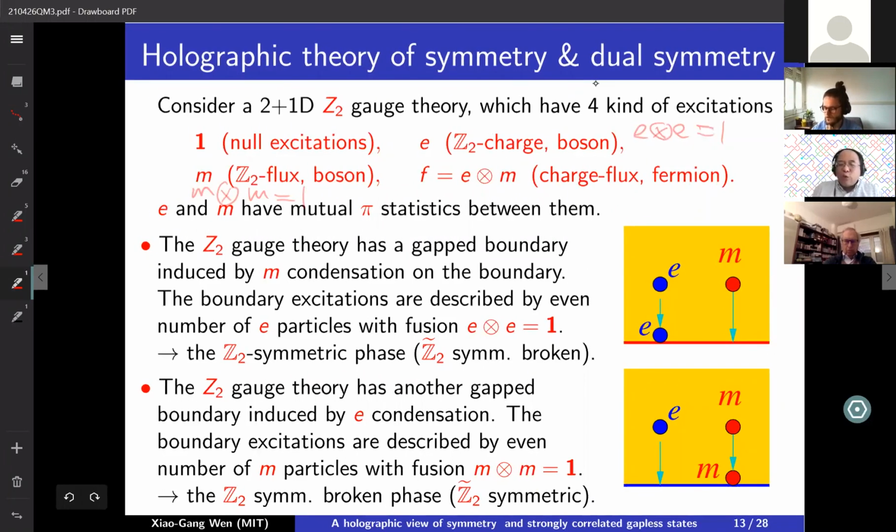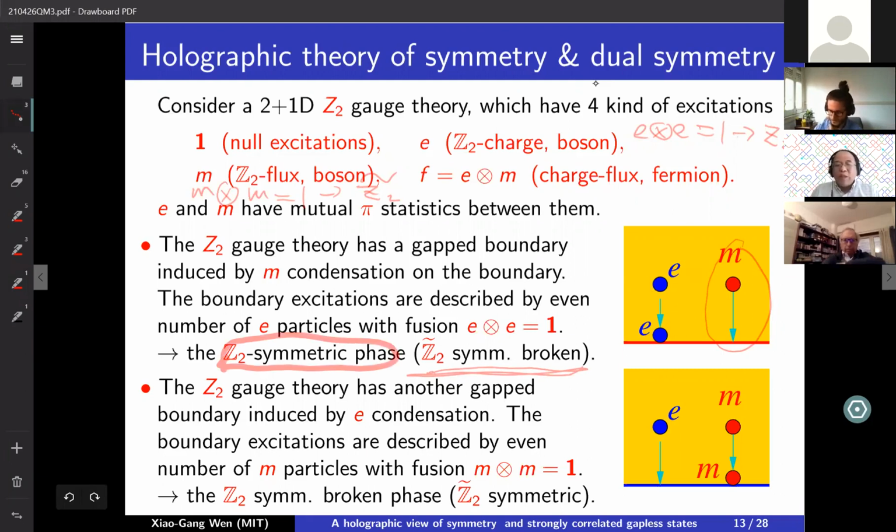So this mod 2 fusion rule gives us this Z2, and the mod 2 conservation of M flux gives us a Z2 symmetry. Okay. So when this M condenses, that is Z2 symmetry breaking. But the E is not condensed, so that means Z2 is not broken.